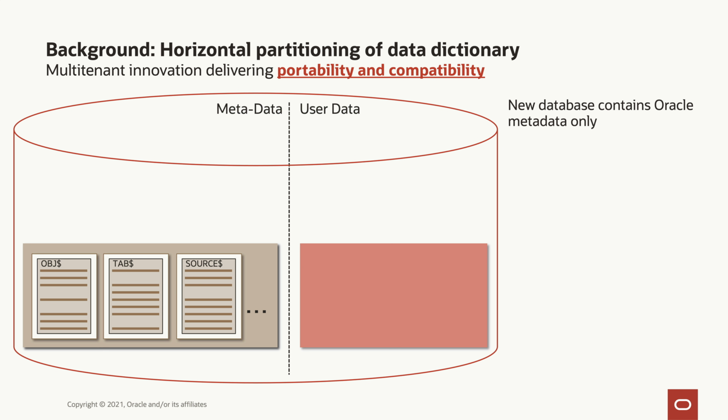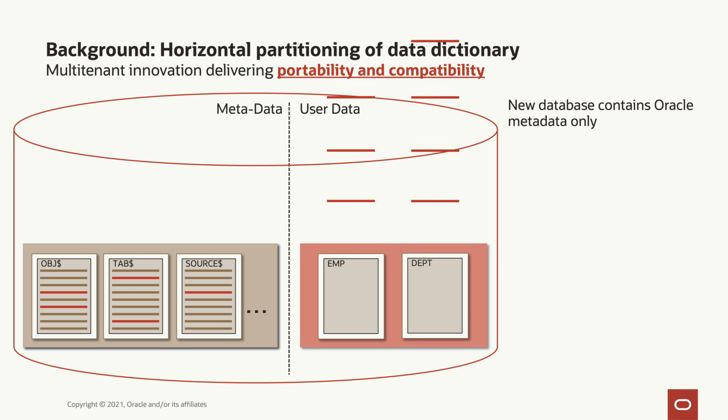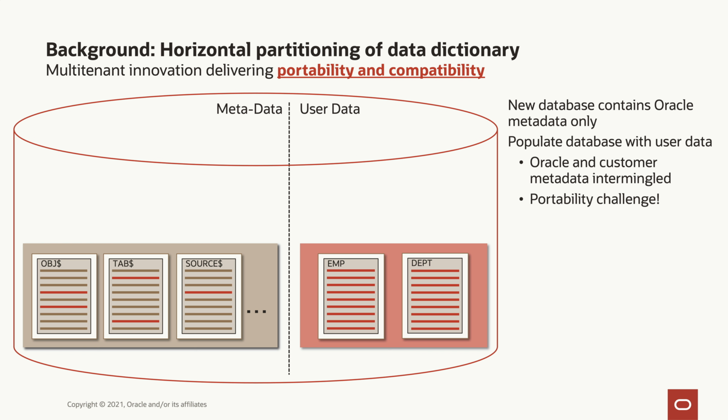I think of this great divide between the application or user data and the metadata. As you define the application and begin to use it, we begin to populate the user side of the great divide. But the metadata which defines the application, its tables, columns, indexes, functional logic, etc., are stored in the metadata dictionary, alongside the definitions of the tables, columns, indexes, and functional logic of the Oracle database itself.